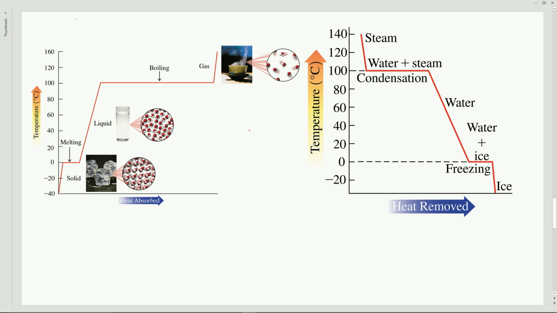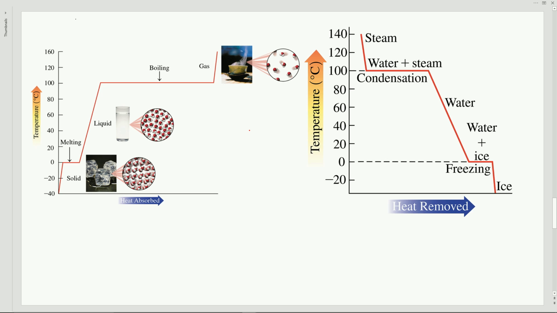And as the temperature increases over the curve, eventually it's going to reach the boiling point of water, which is 100 degrees Celsius. At this point, the water has started boiling. So it's going to stay at one temperature for a while. It's just going to boil. And then at a certain point, the water molecules will get enough energy and will turn to gas.